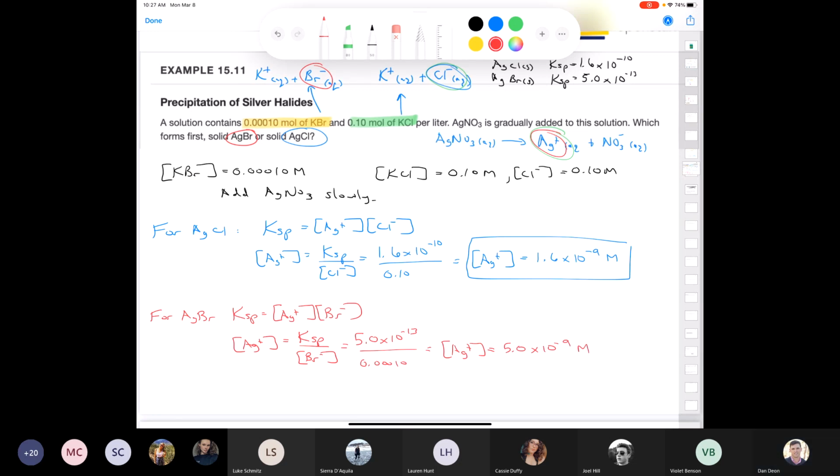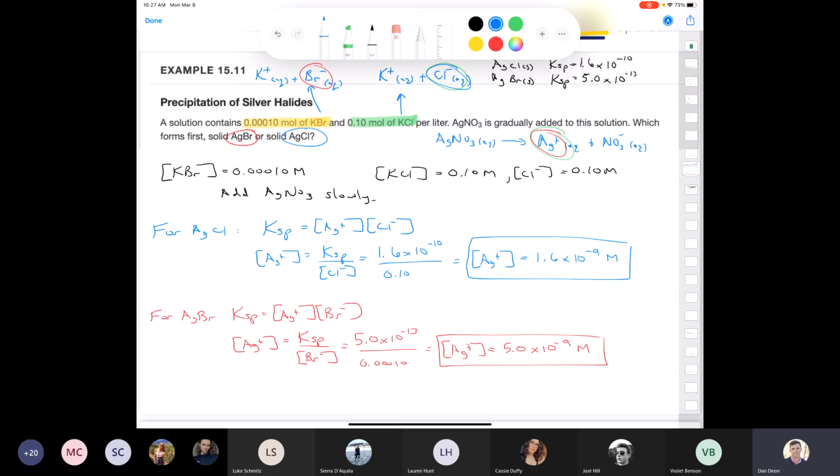All right. So that means that since the concentration of silver that's required to precipitate my silver chloride is lower, okay? So what would I call this?